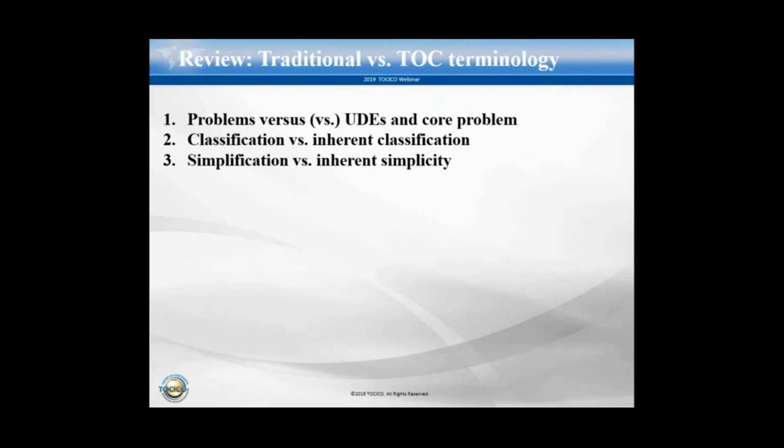So they simplify problems in any environment. In TOC, we look at the inherent simplicity, the causality of that environment. And we want to understand the causal relationship, and that provides the simplicity in complex environments. A link versus a chain or a network.